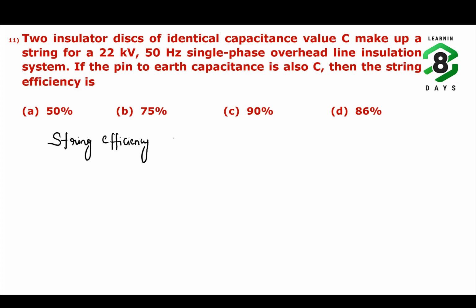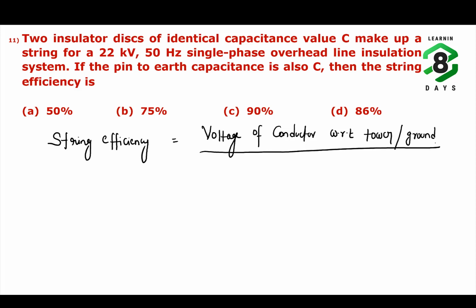String efficiency is given by the formula voltage of conductor with respect to tower or ground, because the tower is grounded, divided by K into voltage across the disk next to conductor.